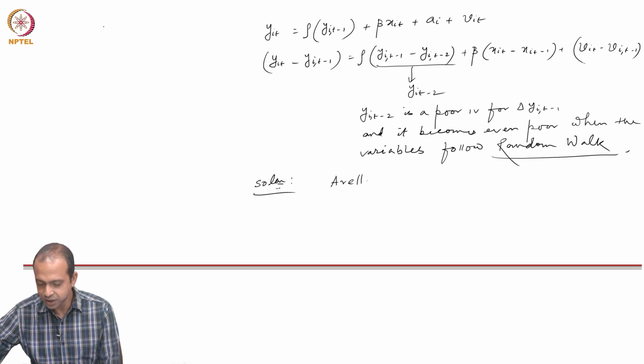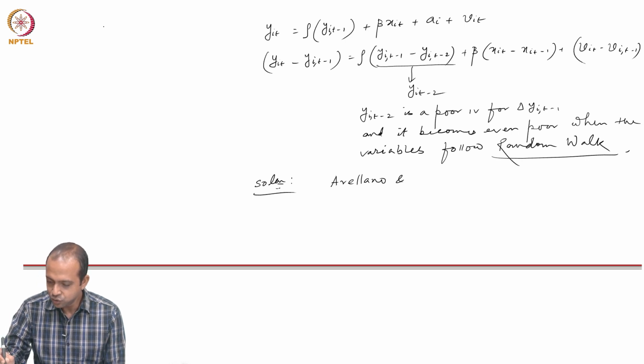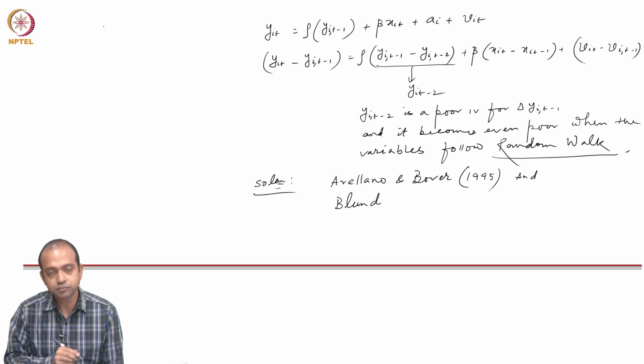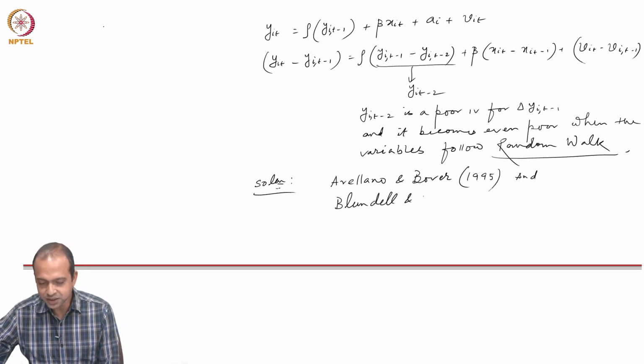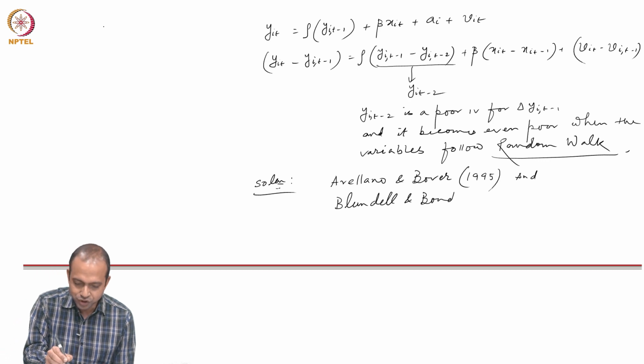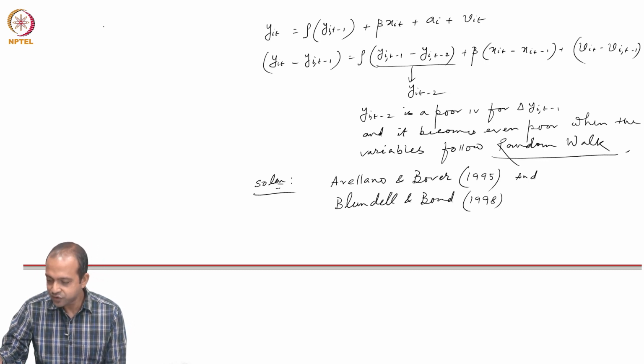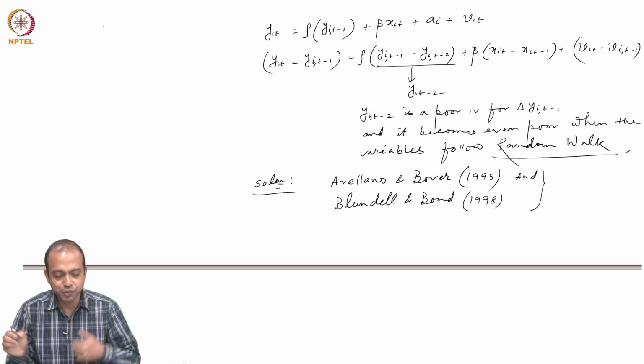What is the suggestion they had given? They said use Y(i,t-2) as well as delta Y(i,t-2). So, that means they are asking that you consider both level as well as the first difference as a system of equations.